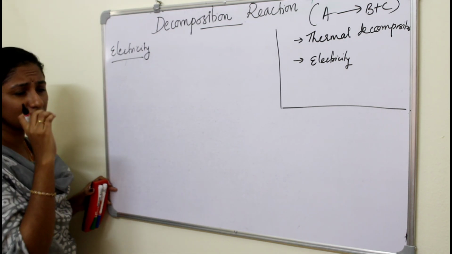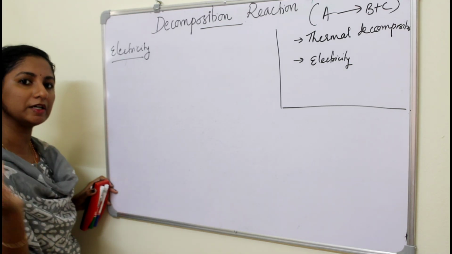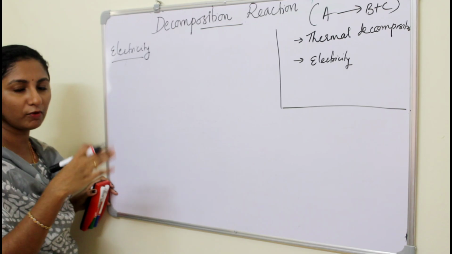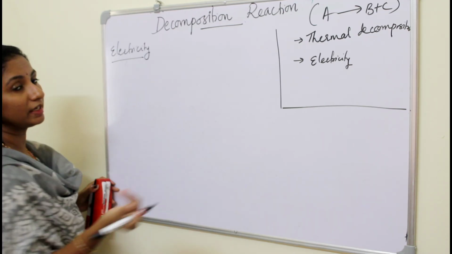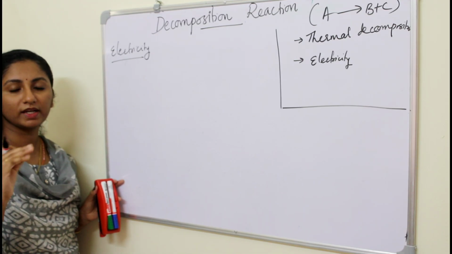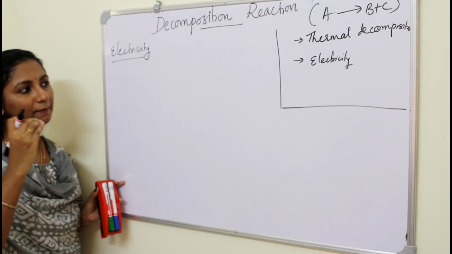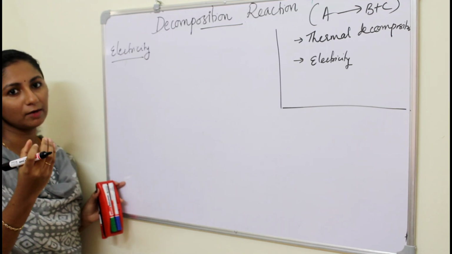That means in these types of reaction we are giving some amount of energy for the decomposition. We are providing some energy to get the products. But in the previous case, in combination reaction, we are combining two or more reactants to get a single product, right?